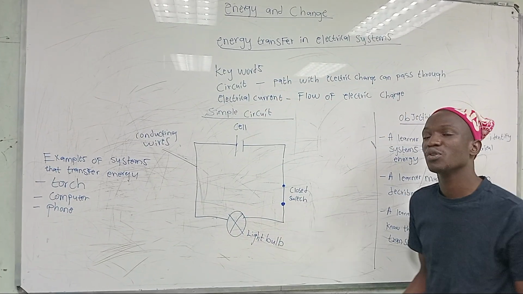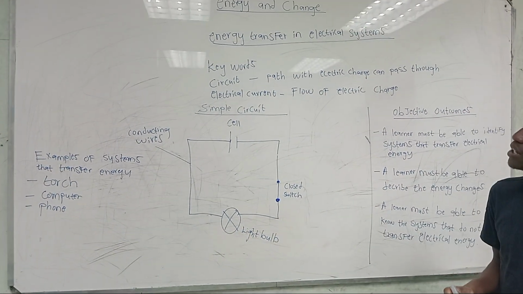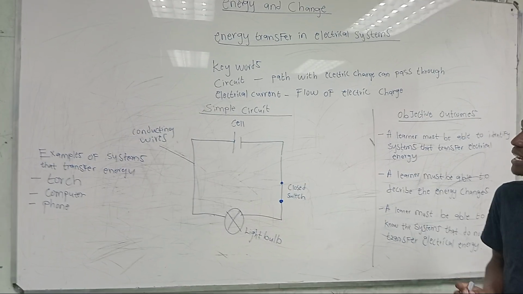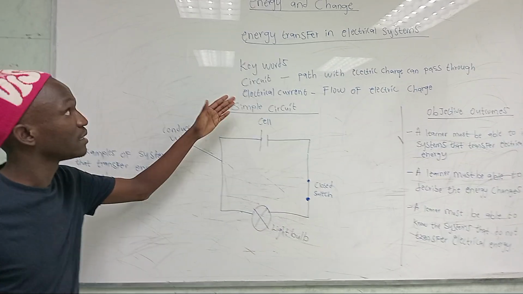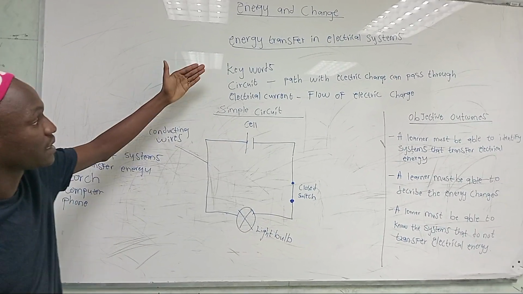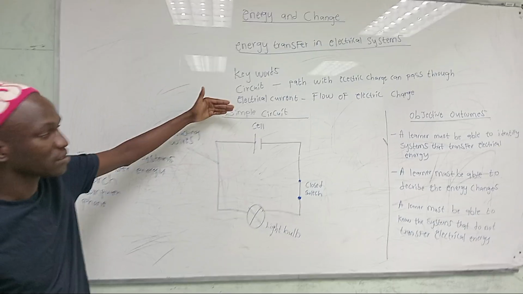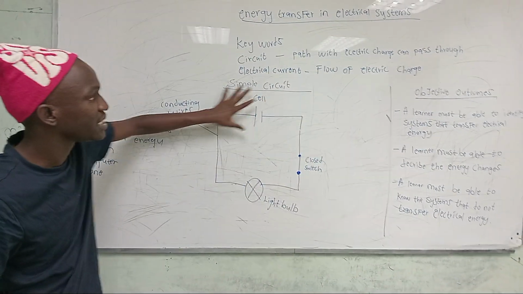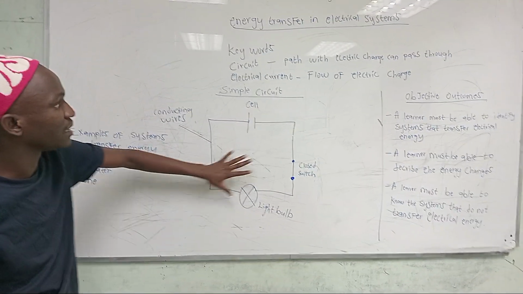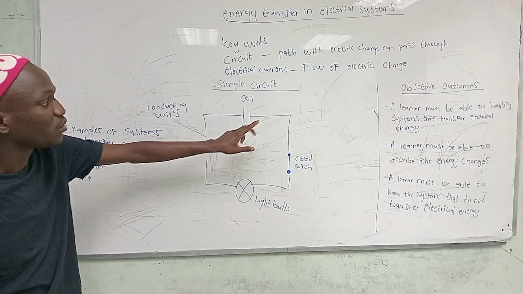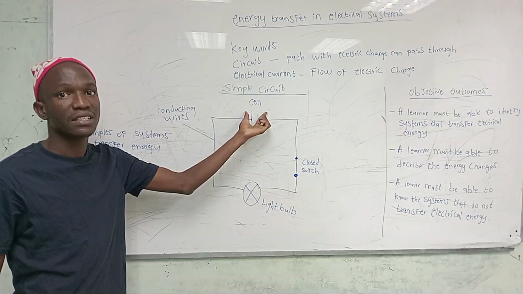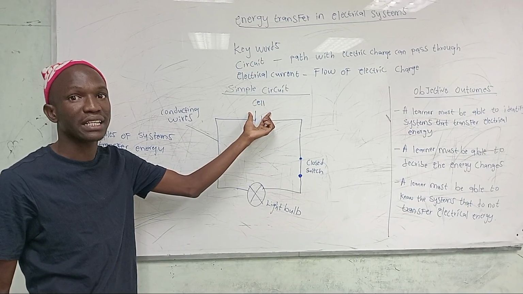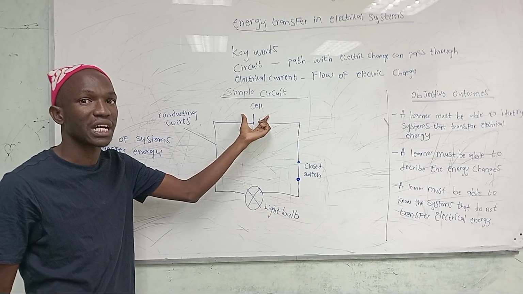Same thing happens to a phone. So the conclusion is that learners need to understand that here we are talking about a circuit and electrical current. So they have to know all of those changes happening inside the assembled circuit: the chemical energy stored inside a cell is converted into electrical energy after the cell is fully charged.